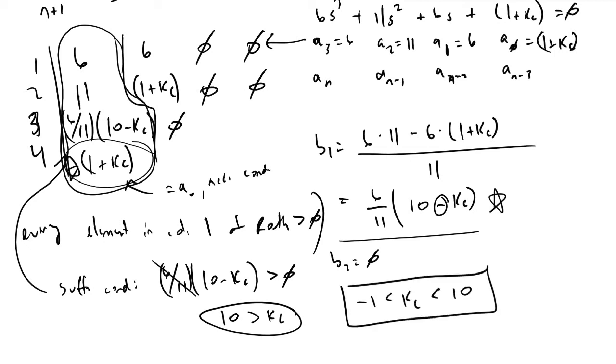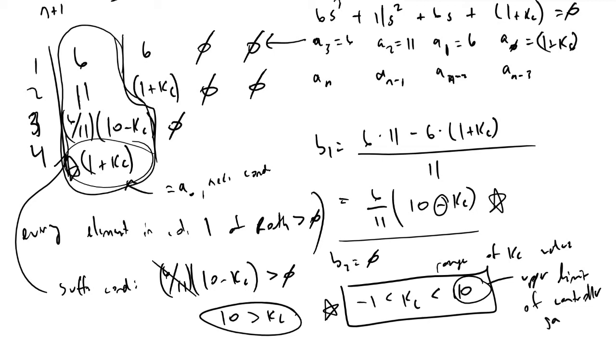And so this is the range of kc values, and 10 specifically is the upper limit of our controller gain before we realize instability, before our controller becomes so aggressive that it is no longer making our system stable.